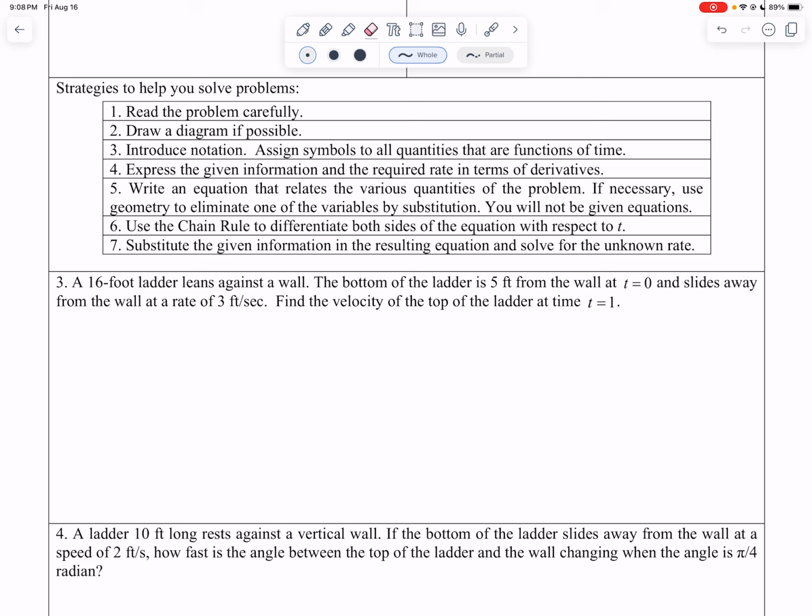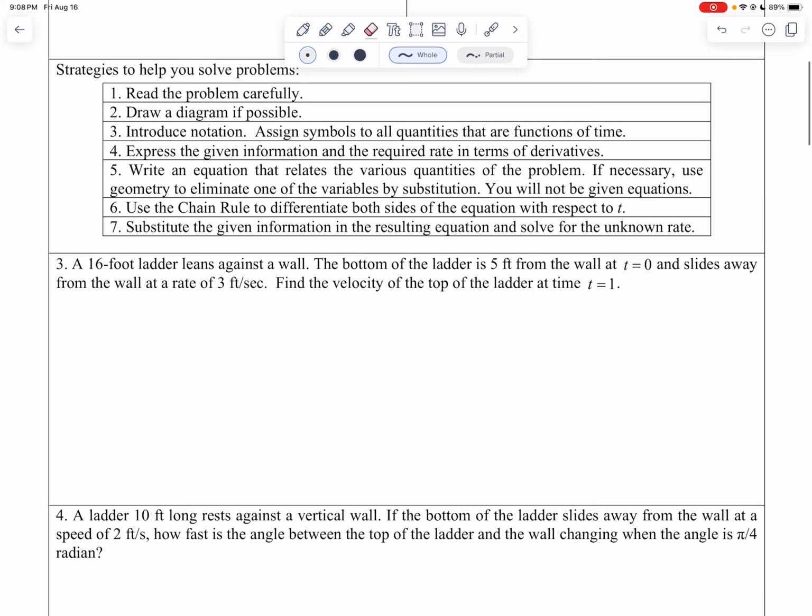We're going to write an equation that relates the various quantities. We might need to use geometry. In these problems we won't, but in the shadow problem and the cone problem we will, in the upcoming videos. We're going to use the chain rule, and then after using the chain rule, we're going to solve for the unknown rate.